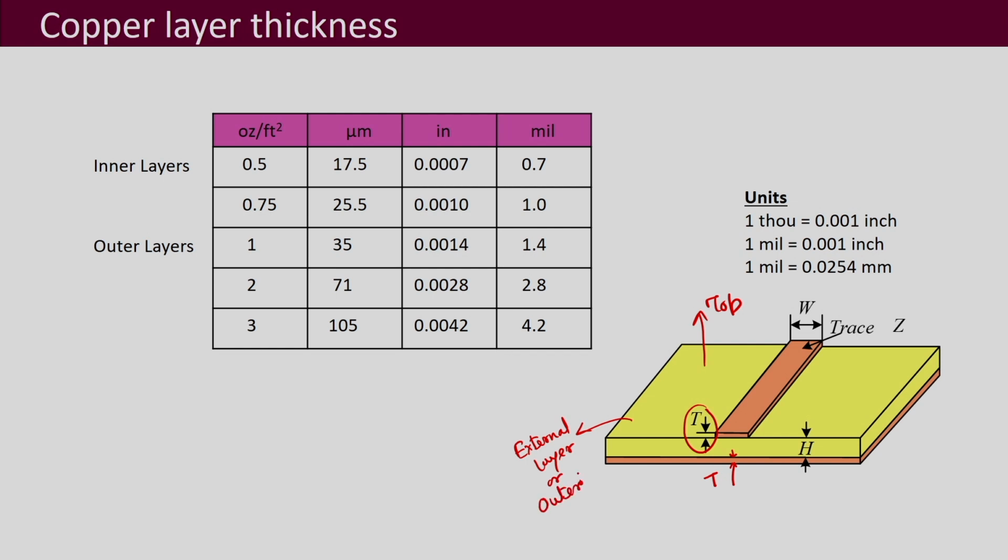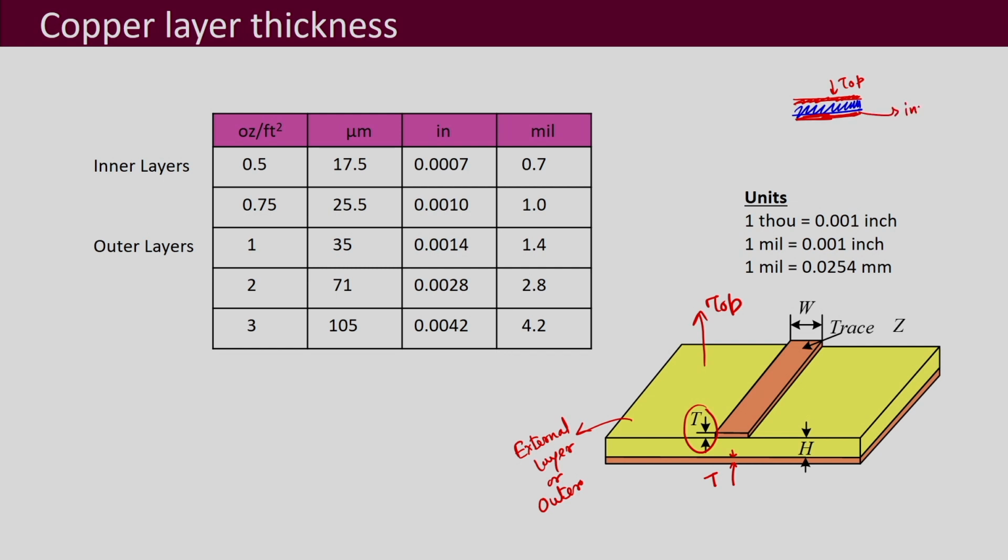And if we have a multi-layer PCB, that means you have a copper layer like this on the top, and then in between we will have some insulation, and then again there will be an inner layer.